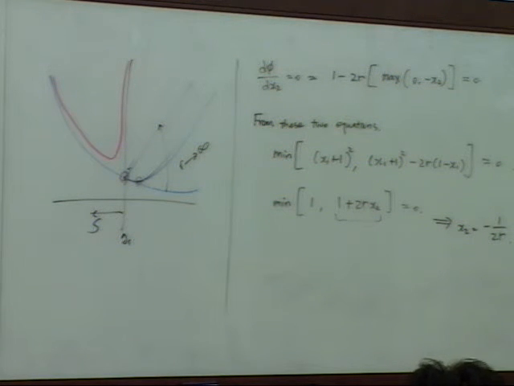So, the local optimum point is nothing more than the limit value as r approaches infinity.